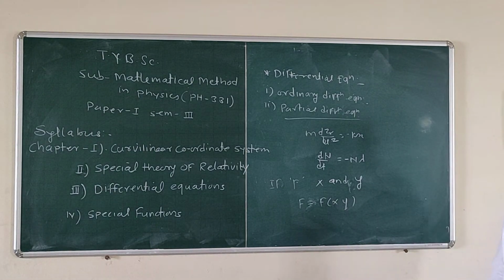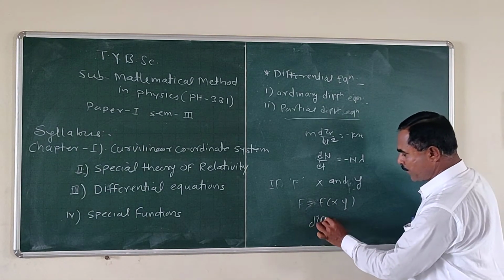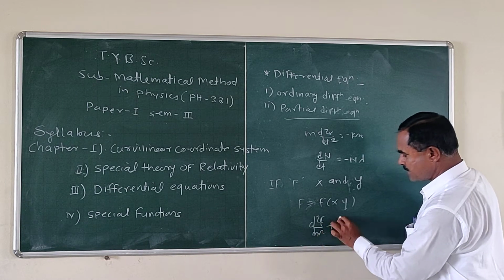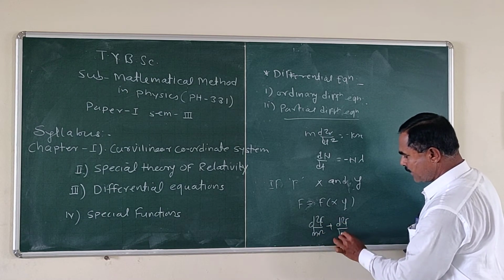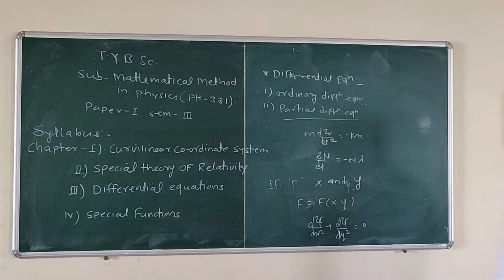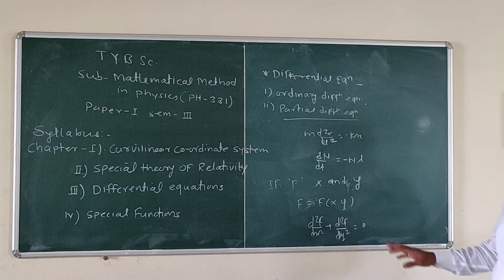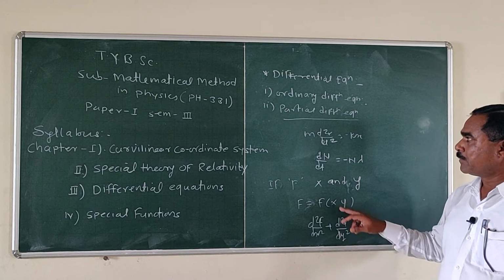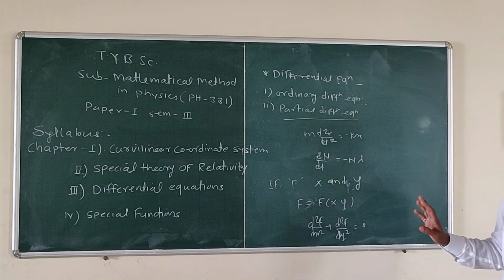This can be written as d2 f by dx square plus d2 f by dy square equal to 0. So this is the example of the partial differential equation.